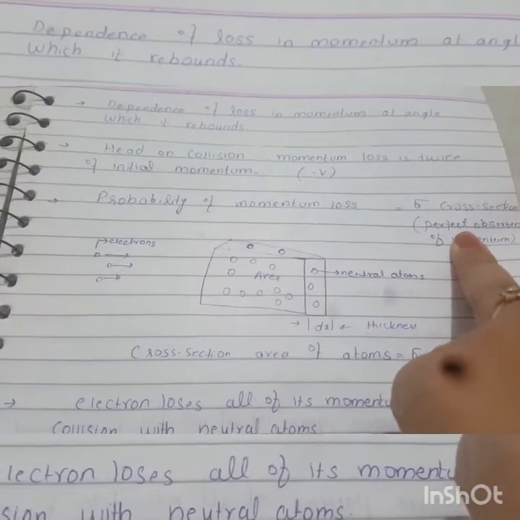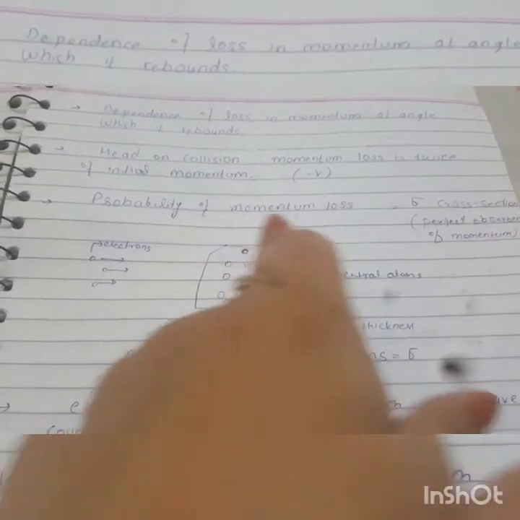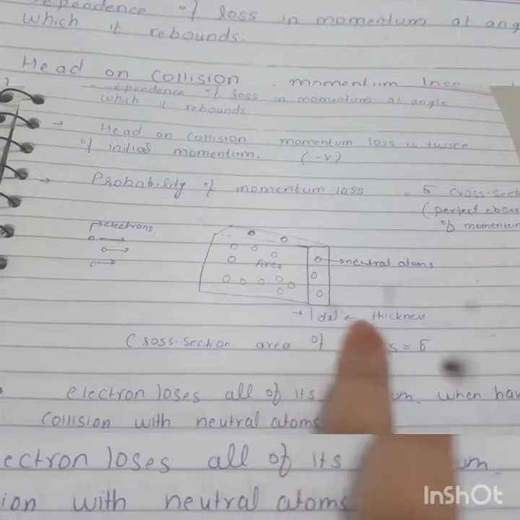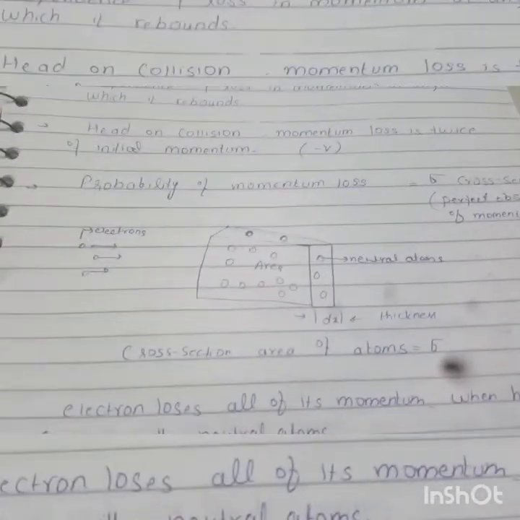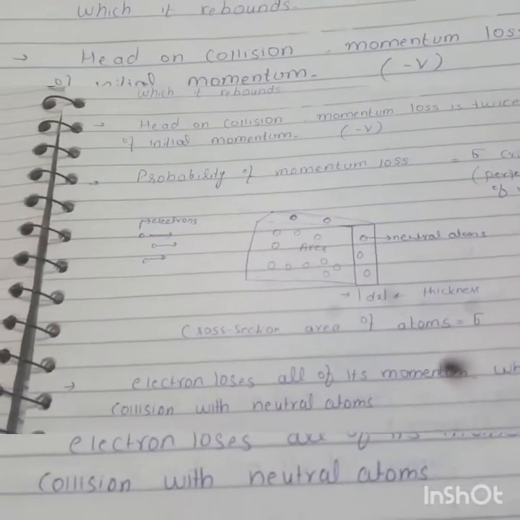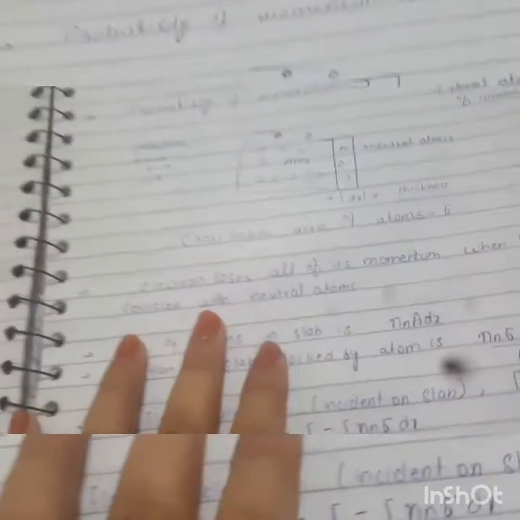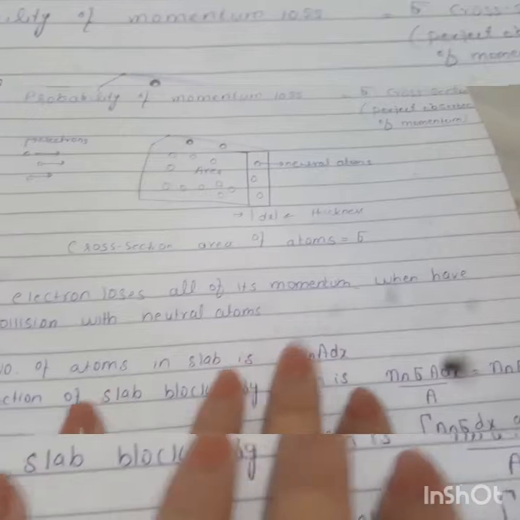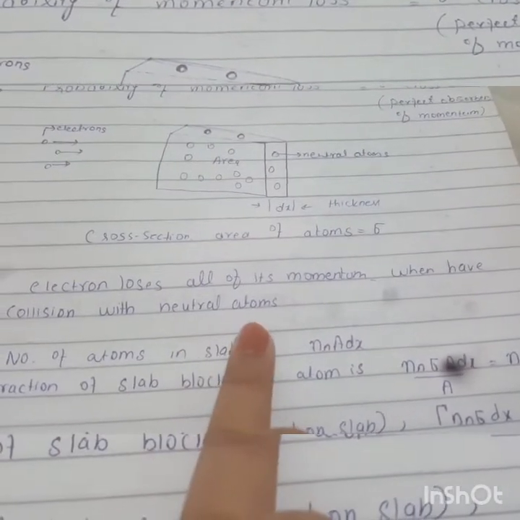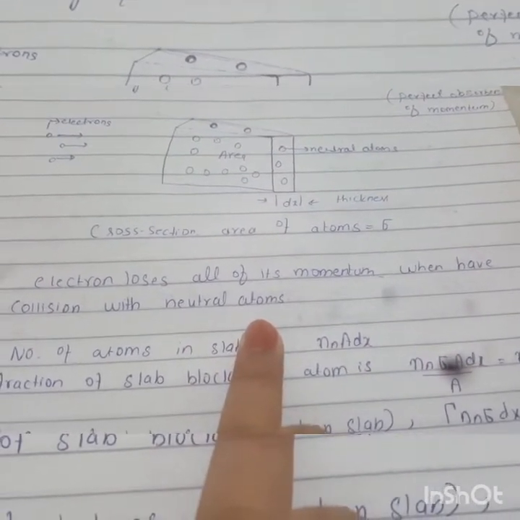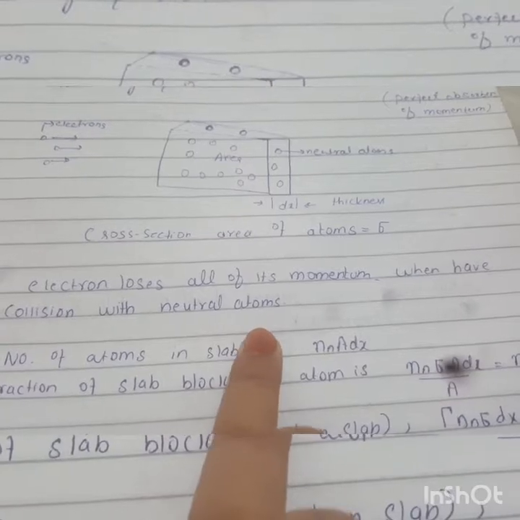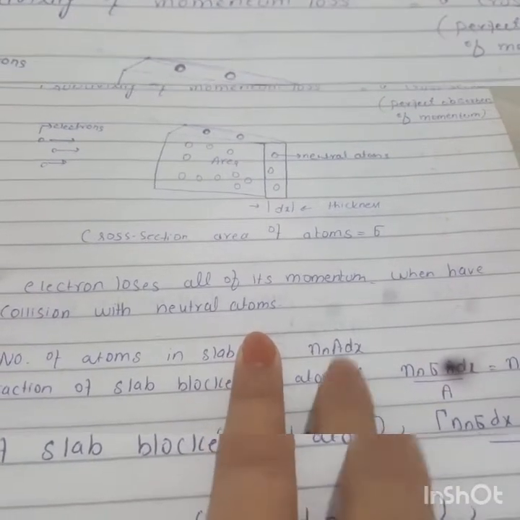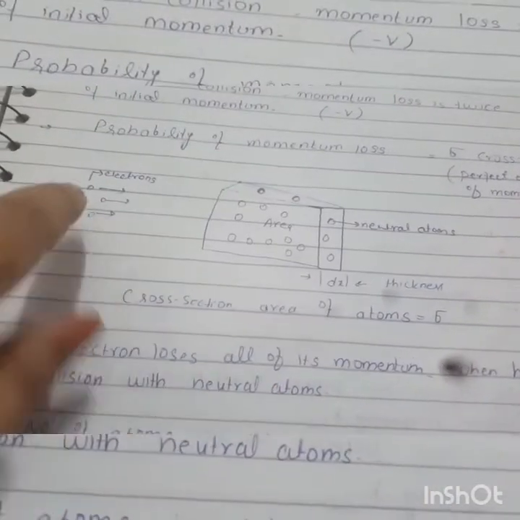So what we are talking about is probability. This is the probability that we would represent by sigma. Then the electron loses all of its momentum when it has collisions with neutral atoms. What does it mean?